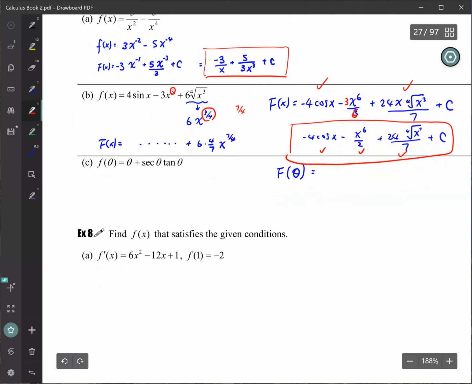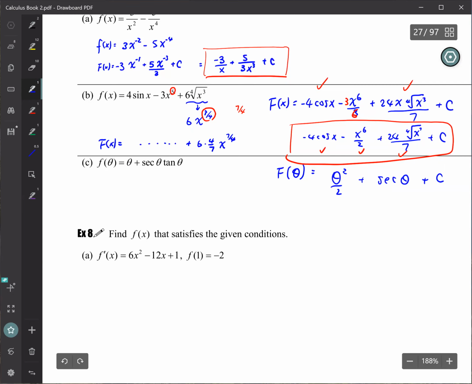Okay, question C. Joan, what do you have? I got theta squared over 2 plus secant theta. Any more? Are we missing anything? Oh, plus C, sorry.